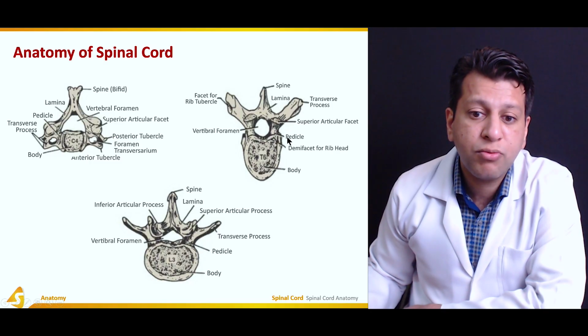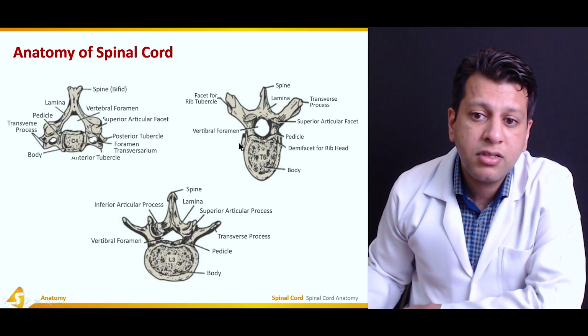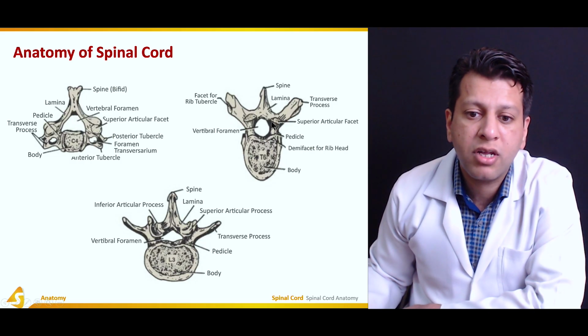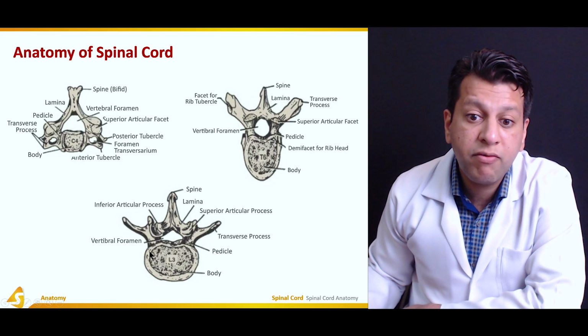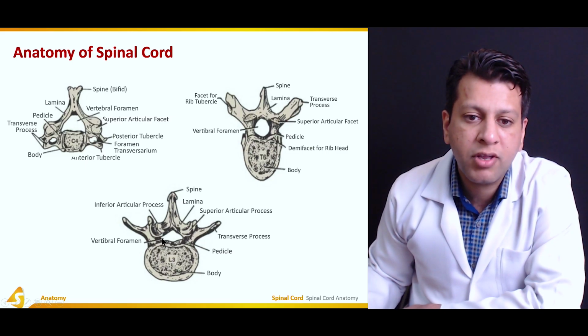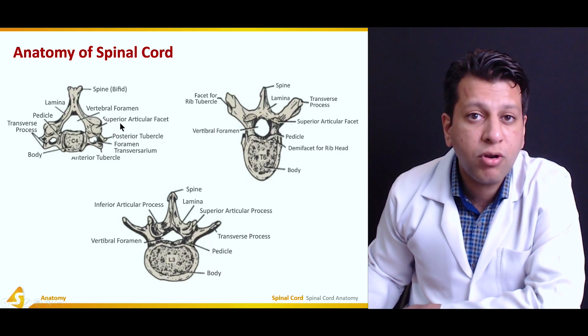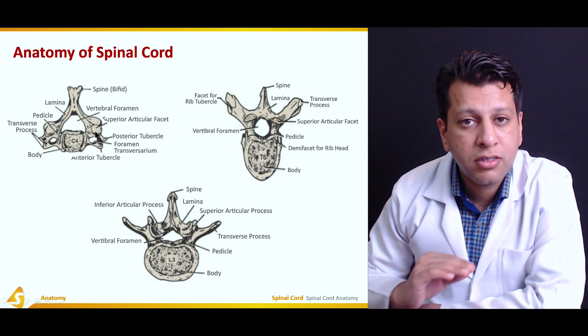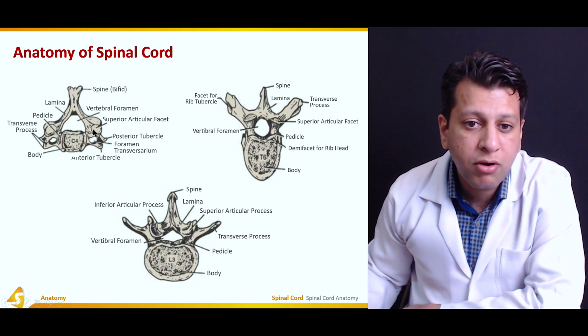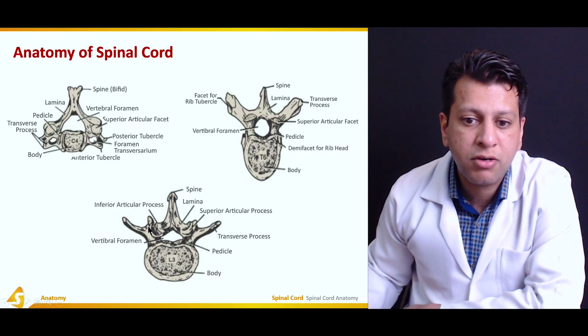Similarly, you can see the vertebral foramen through which the spinal cord has to pass. Although this is a big vertebra, look at the vertebral canal space available over here. As compared to this, the cervical vertebra is a small vertebra. It is very thin and flattened, but look at the space available for the spinal cord as compared to the lumbar.